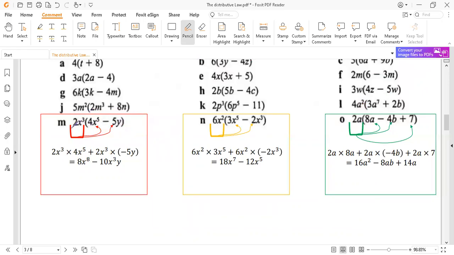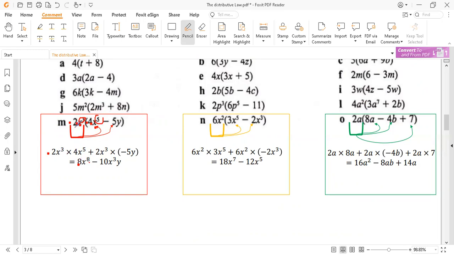First of all, we multiply signs. Plus and plus, so we obtain a plus. 2 times 4 is 8. x cubed times x^5: when we have the same bases, we add the exponents, 3 plus 5 is 8.